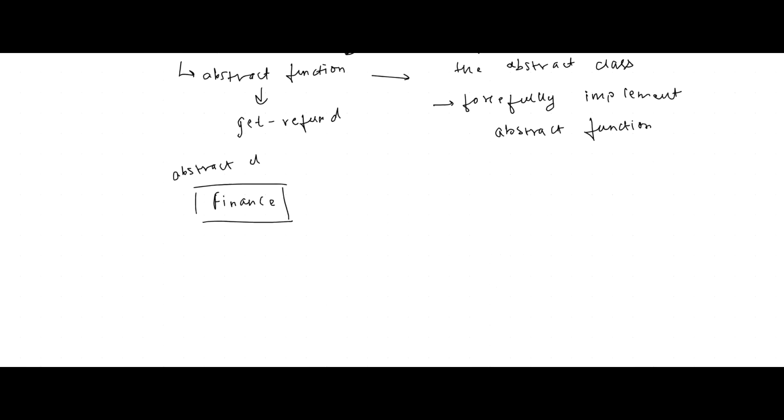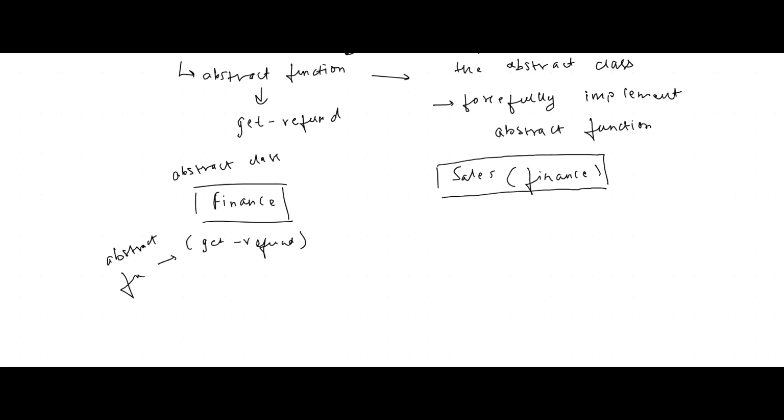The function inside this is going to be get refund, which is an abstract function. Now I'm going to say sales, you will inherit the finance class. So sales is inheriting the finance class. Now, to any object of the sales class, which is the child class in this case, the get refund function will be accessible.